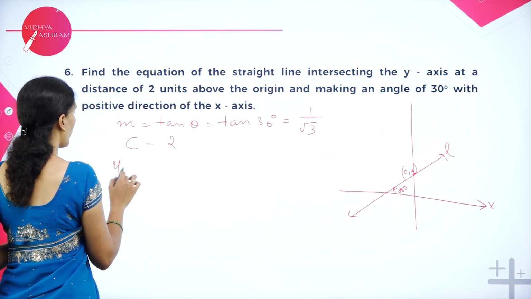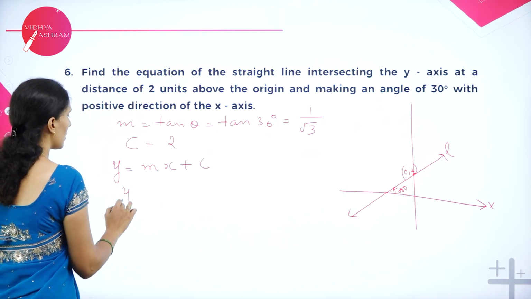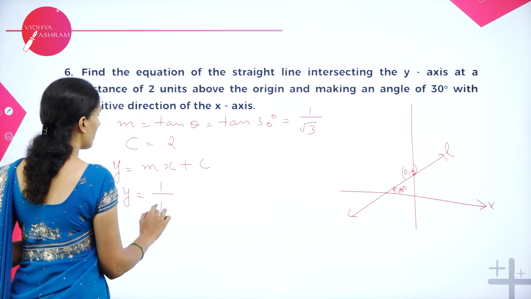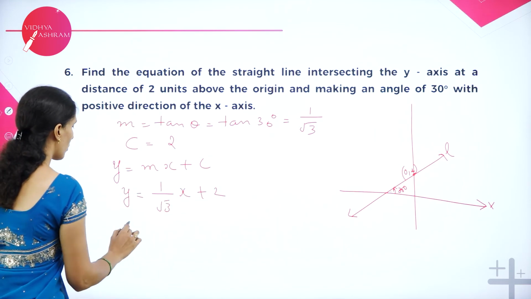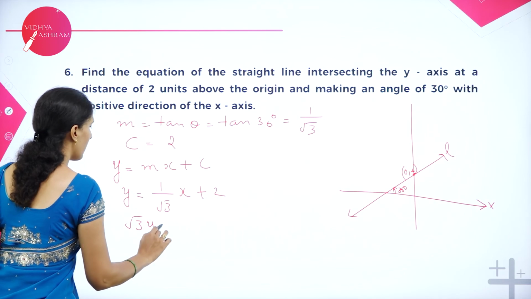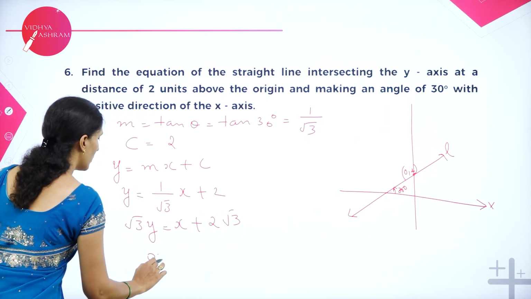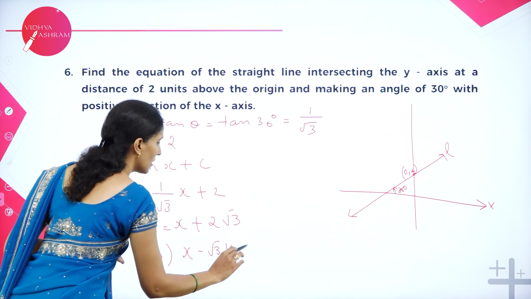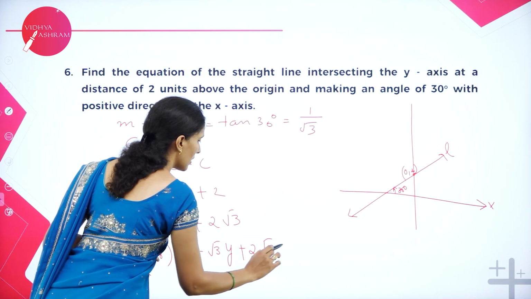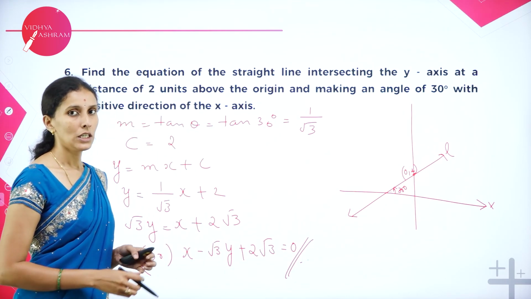What is the general equation? y is equal to mx plus c. So y is equal to 1 by root 3 x plus 2. Multiply by root 3, so it becomes root 3 y equals x plus 2 root 3, or the equation is x minus root 3 y plus 2 root 3 is equal to 0. So this is the general equation of the line given.